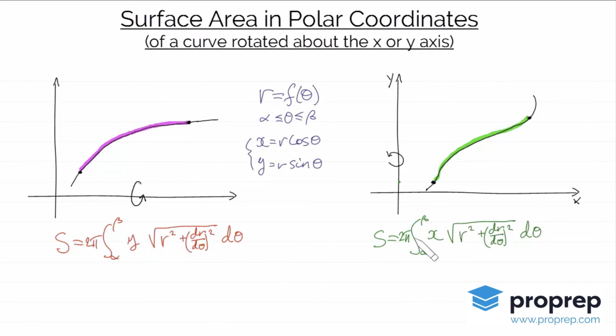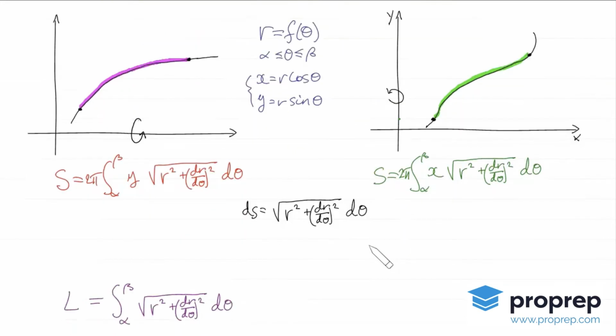A remark on notation, in case you look on the internet, you will sometimes see that this bit here is called ds. So if I call this ds, and I don't want to get into all the reasons why ds, then these two formulas have a simpler expression. And I also want to bring in the formula for arc length. Here that is. So all these formulas can become simplified.